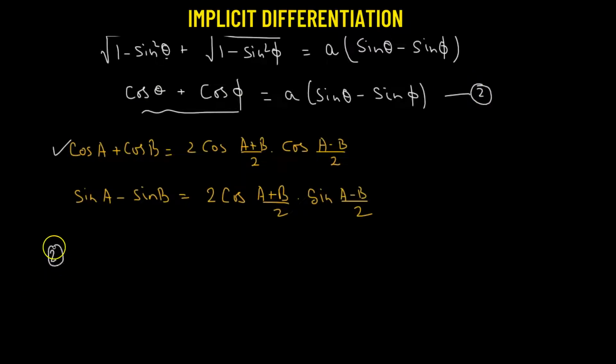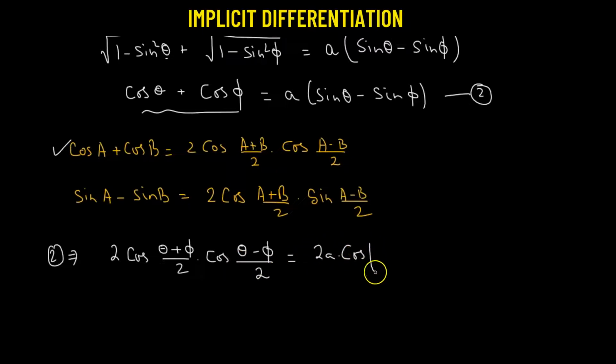Now 2 will become 2 times cosine of (theta plus phi) divided by 2 times cosine of (theta minus phi) divided by 2, which will be equal to 2a times cosine of (theta plus phi) divided by 2 times sine of (theta minus phi) divided by 2.